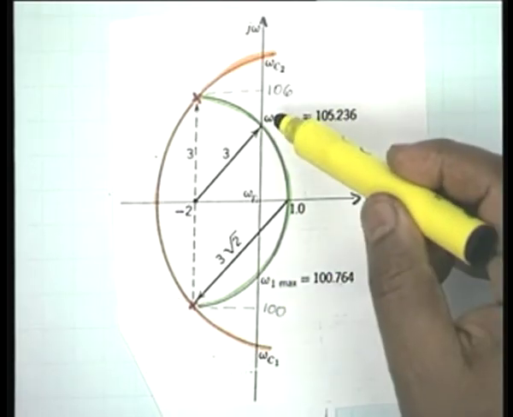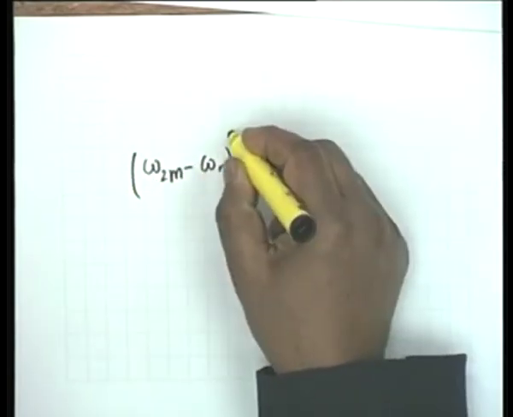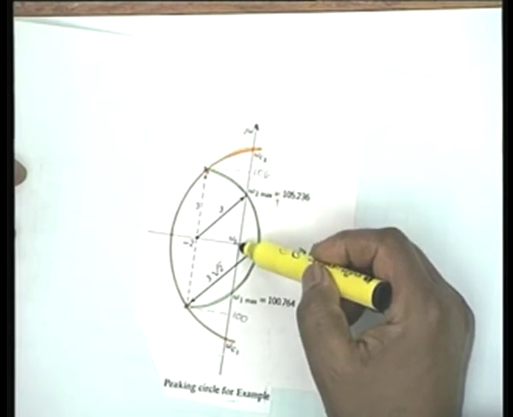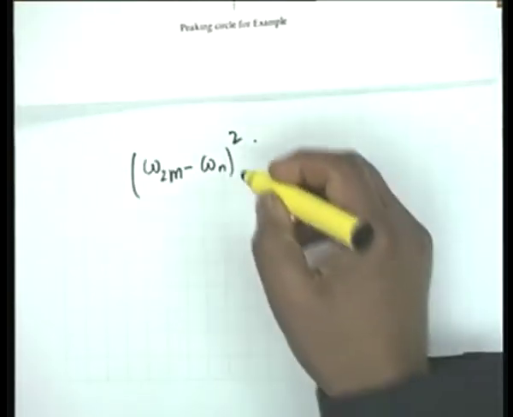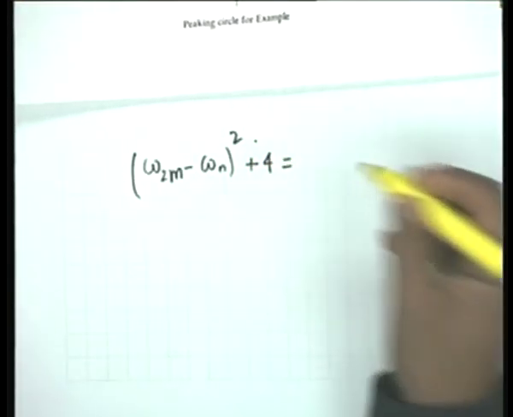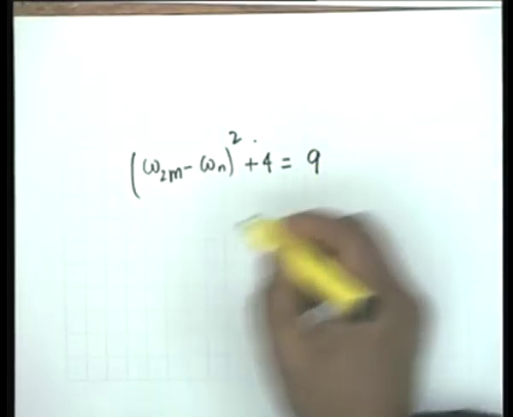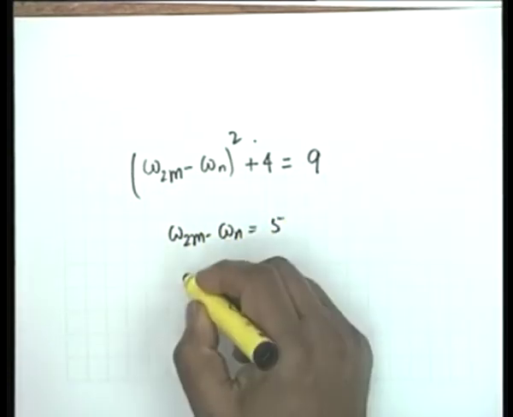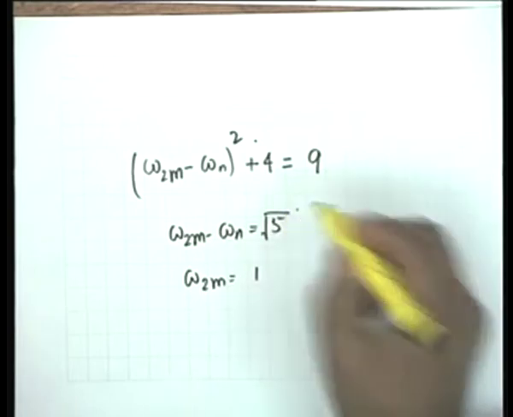If you notice omega 2m, consider this right angle triangle: (omega 2m minus omega n) whole squared plus base squared, base is 2 and therefore plus 4, would be equal to the hypotenuse squared, which is 3, therefore it is 9.